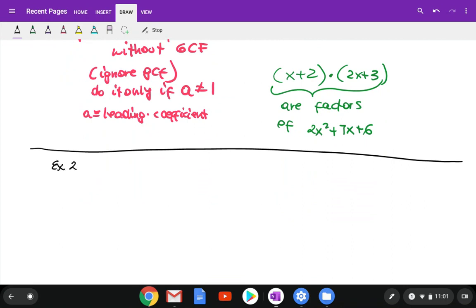Example 2. Factor 2x squared plus 5x plus 3 using the AC method. And I told you guys in the previous video that I'm just going to stick to one method.